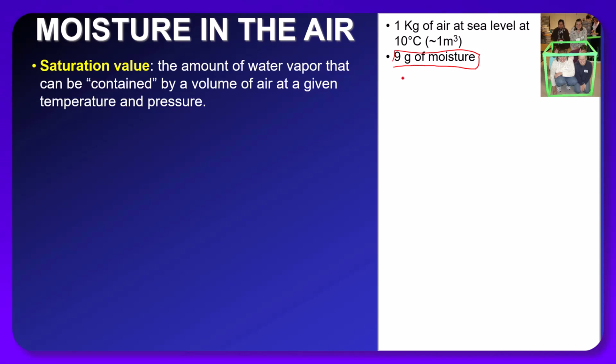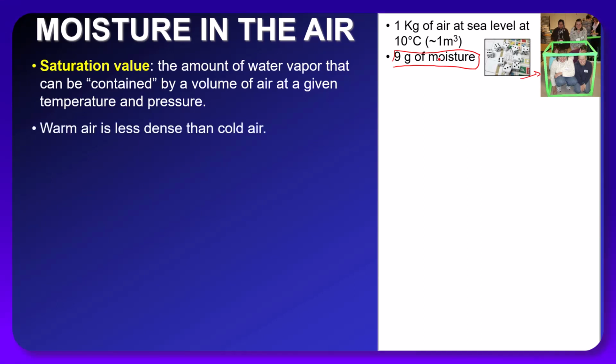That's the saturation value for that air parcel. 1 kilogram of air at sea level occupies approximately 1 cubic meter in volume, and 9 grams of moisture has a weight equivalent to about 9 dimes.